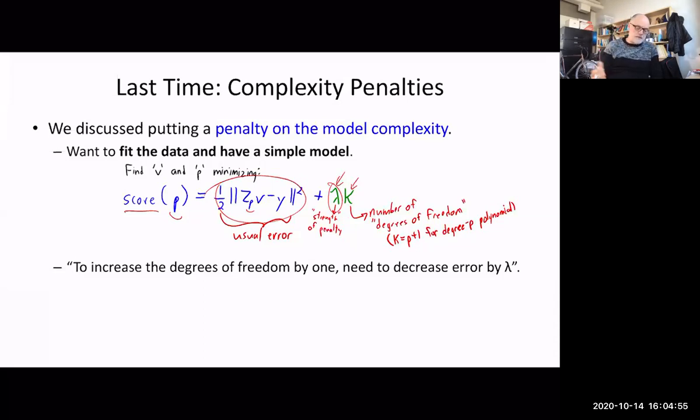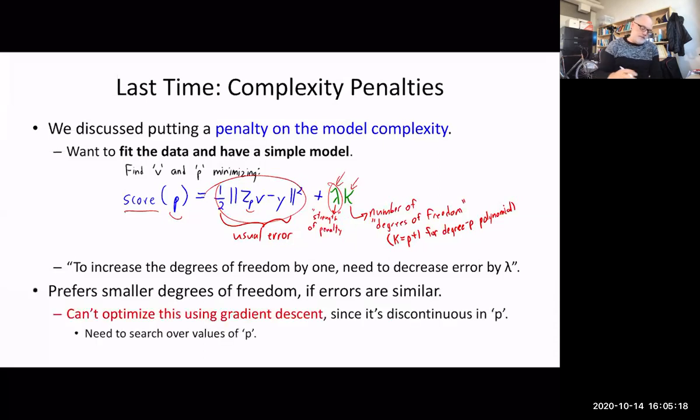The idea was that, in order to make the model more expressive or more complex by 1, that is, make the polynomial grow by 1 order, in order to justify that under this scoring function, we need to decrease the error by at least lambda.